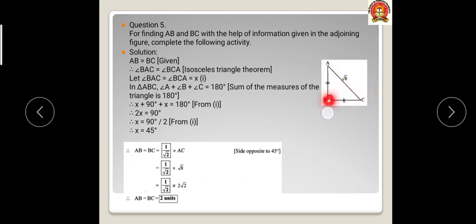So by the 45-45-90 triangle property, the sides opposite to 45 degree, that is AB is equal to BC, are equal to 1 by root 2 of the hypotenuse. So AB is equal to BC is equal to 1 by root 2 of AC, that is the hypotenuse. 1 by root 2 of root 8. 2 fours are 8, so you will get 2. In this way you can solve it. So your answer is AB is equal to BC is equal to 2 units.